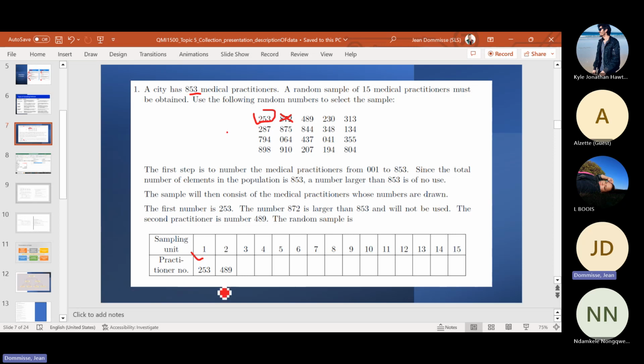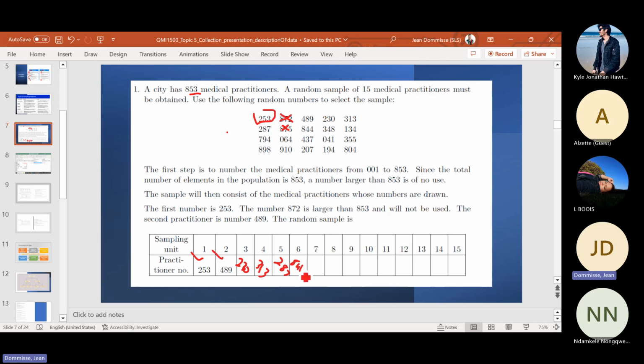Our next number is 489. Then our third number is 230. Then it is 313, 287. Okay, 875 is bigger, not going to work. 844 is going to work.